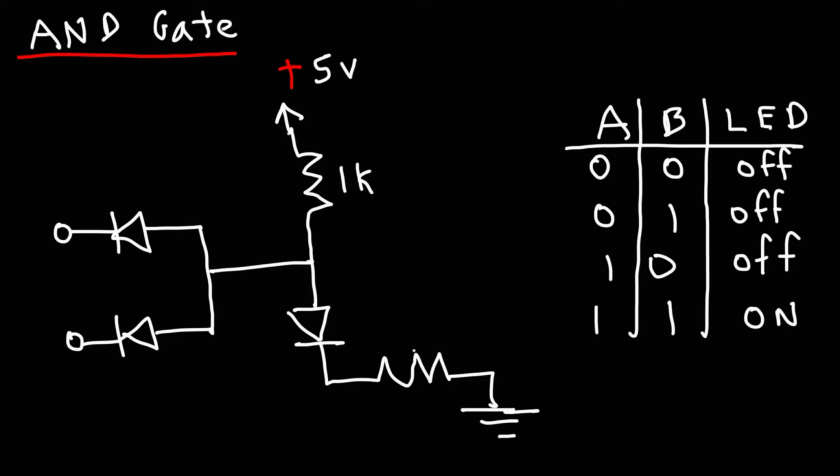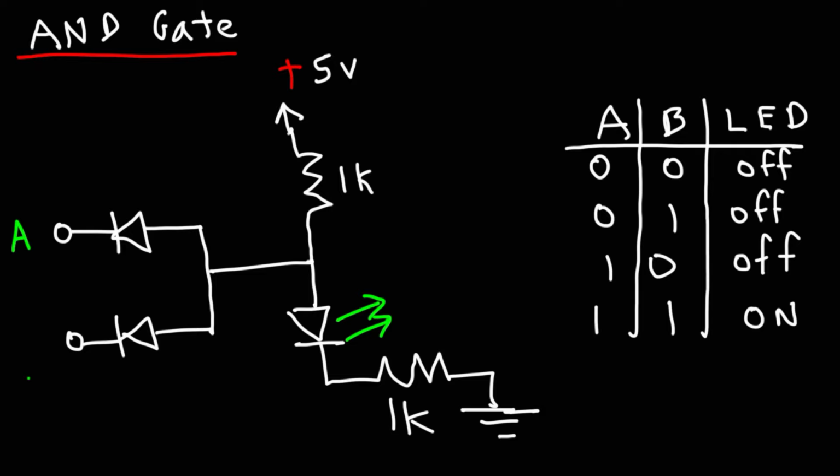You don't want to have too much current flowing through the LED. If you have 5 volts across a 1K resistor, it'll push 5 milliamps through it. So across a 2K resistor, that'll push 2.5 milliamps through those two resistors. And in an LED, you don't want it to have more than 20 milliamps flowing through it. So if it's under 10 milliamps, you're okay.